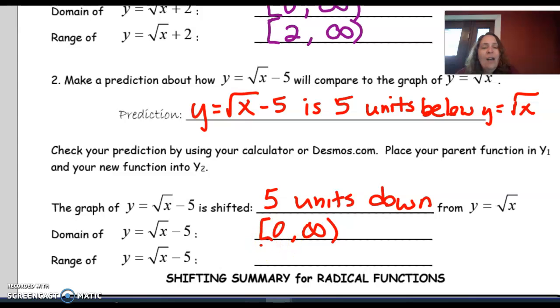It is still going from 0 to positive infinity. But 5 units down means instead of starting at 0, we're going to subtract 5 from that number. And so our smallest y value would be negative 5. That happens when we take 0 as our value of x, because you can't take the square root of anything less than 0. So go ahead and plug that value in. The square root of 0 is 0, and 0 minus 5 gives you that starting point of negative 5.